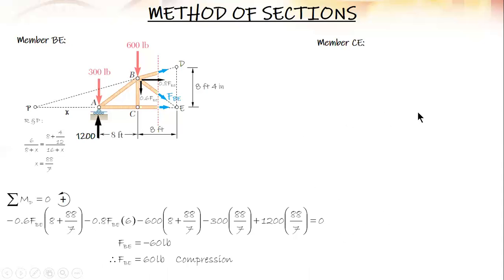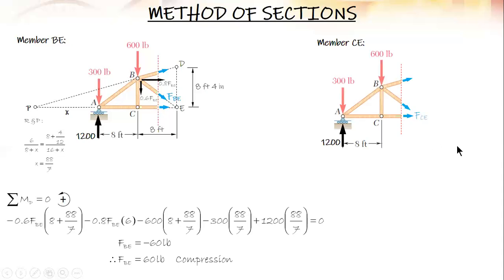And then lastly, for member CE, sum up moments at the intersection of the other two, which is joint B. Simple, joint B. Summation of moment at B, we only have 3 forces, 1, 2, and 3.